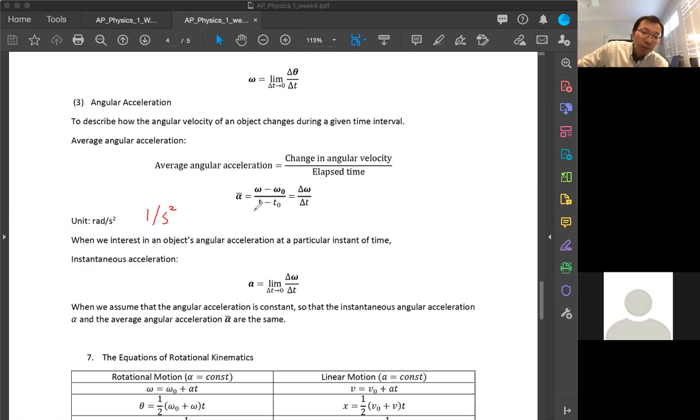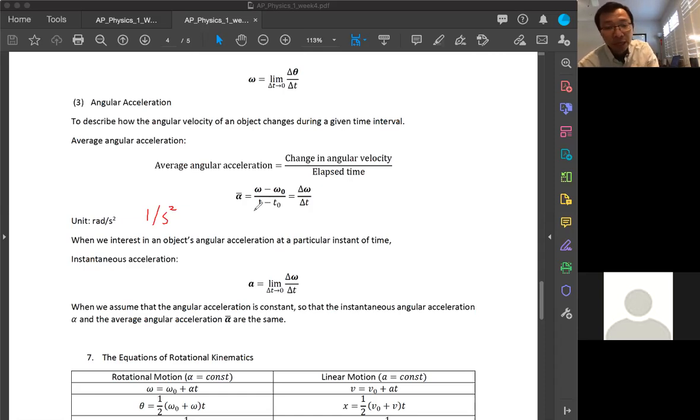Okay. So when we assume that angular acceleration is constant, the instantaneous angular acceleration alpha and the average angular acceleration alpha bar are the same, right? Most of the time in the AP Physics 1 level, we assume that the angular acceleration is constant.